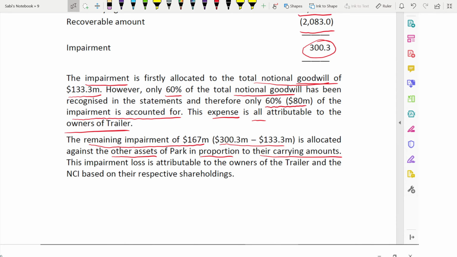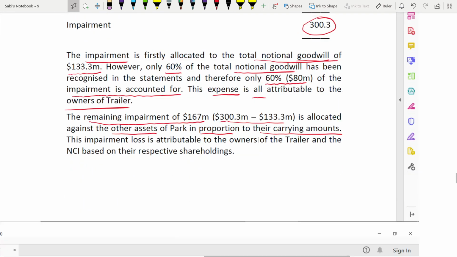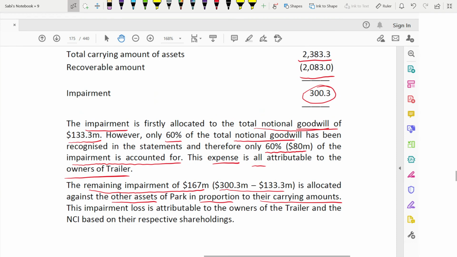Not just any asset you wish; you have to allocate according to their proportion in the carrying amount. But you don't have to find how much it is for the other assets. It's not asked, because other assets have not been given to you, so don't waste your time.